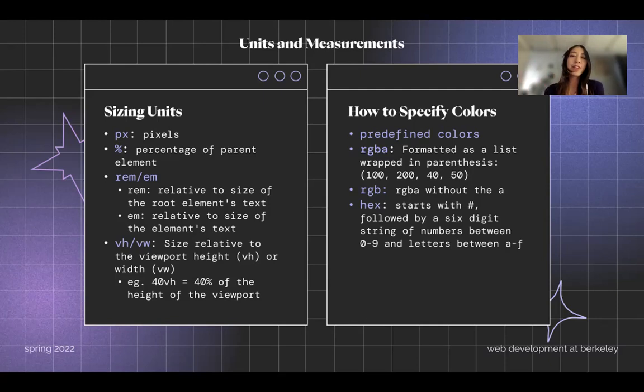And the fourth value, the a, actually stands for alpha, so you're able to control the opacity of that color. And then next, rgb is just without the a, so it just assumes full opacity. And then finally, we have hex, where you can use a hex color code if you don't want to use rgb.